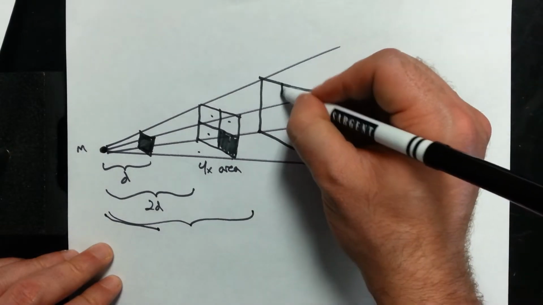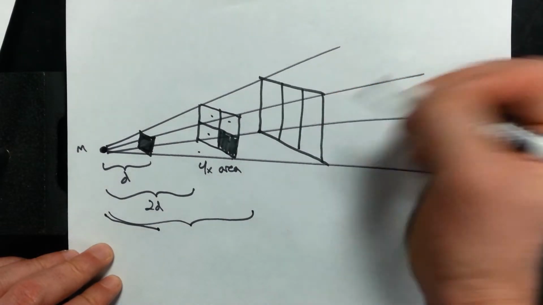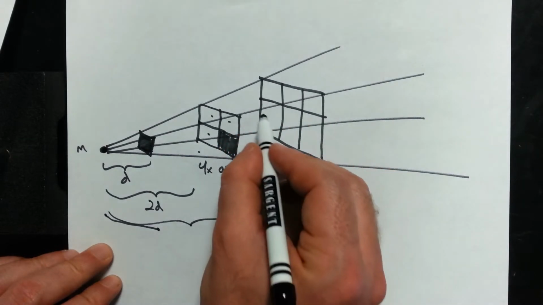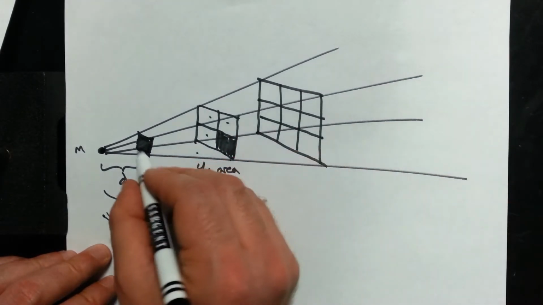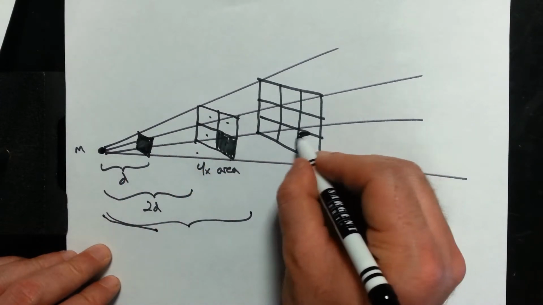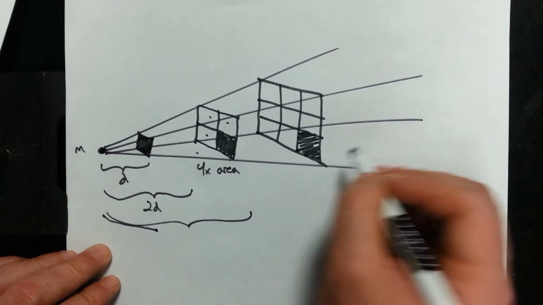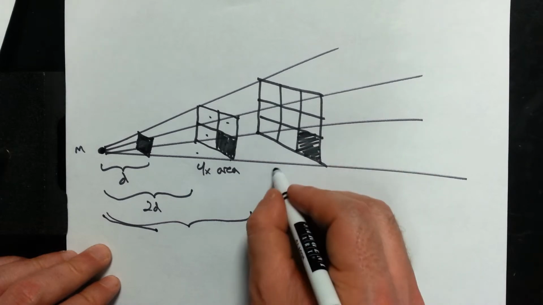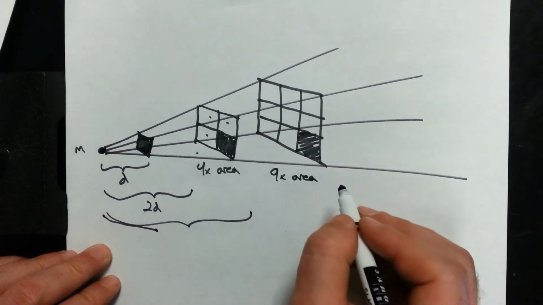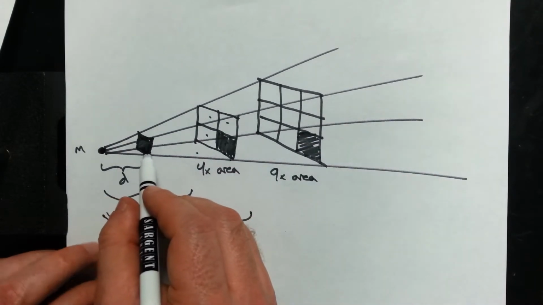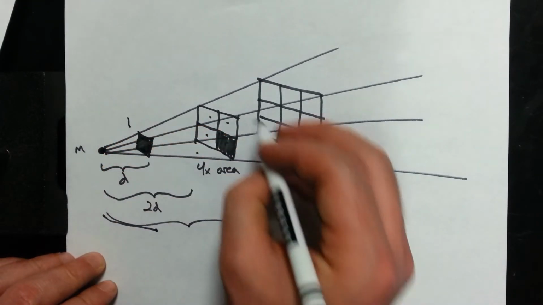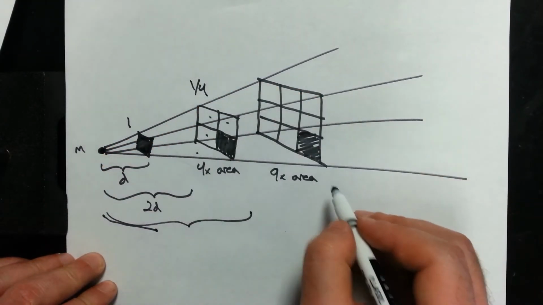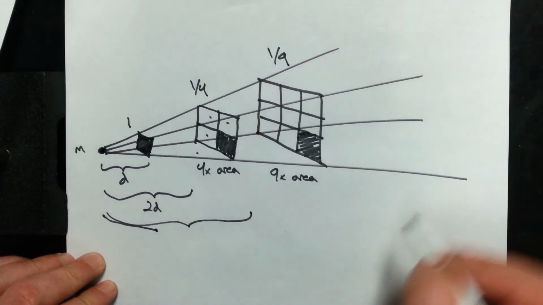Set this up again. Now you guessed it, if I'm 3 times as far away, I'm spreading out 3 times as wide, I'm spreading out 3 times as tall, and now this same square, which is still the same size, I have to cover 9 times as much area. So really the same amount of gravitational strength has to spread out over 4 times the area, or 9 times the area.